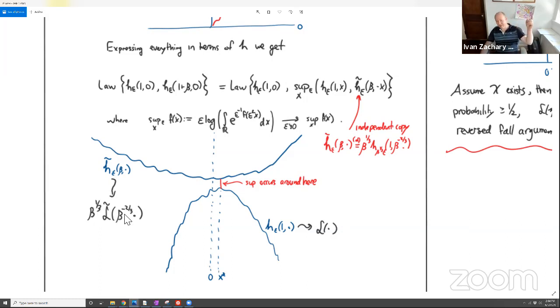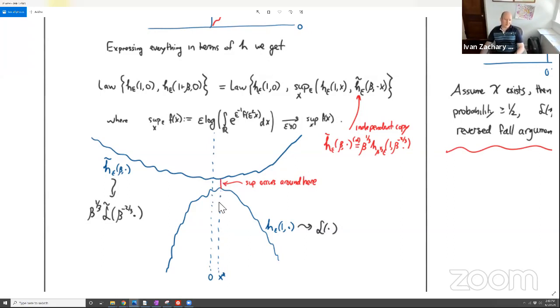So if beta is large, what's happening is this second independent curve is actually getting wider and wider and wider. And what I'm interested in understanding is the joint distribution of the value at 0 of this bottom curve and the value of this at the maximizer, which is actually equivalent to the minimum distance between, the way I've drawn it, the minimum distance between these two curves of the sum.